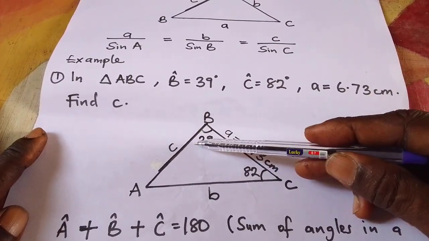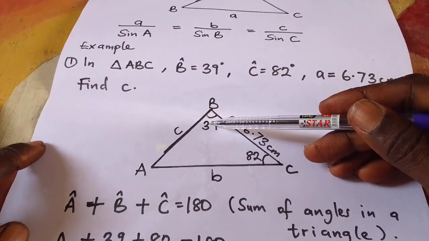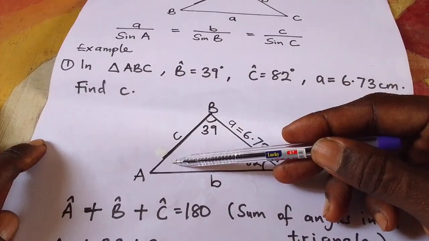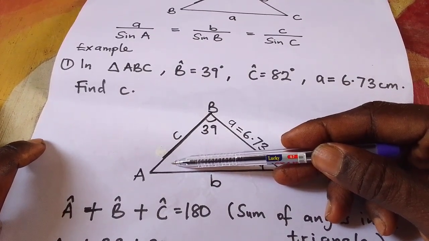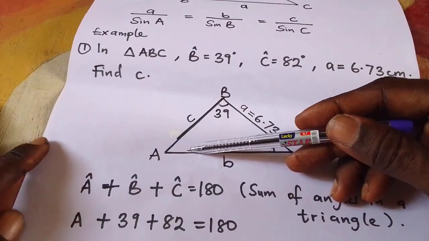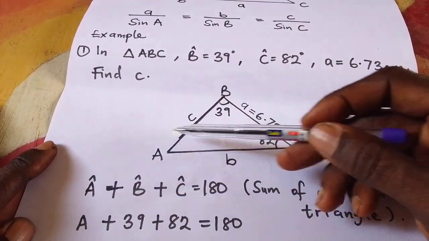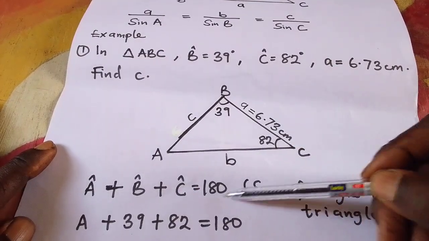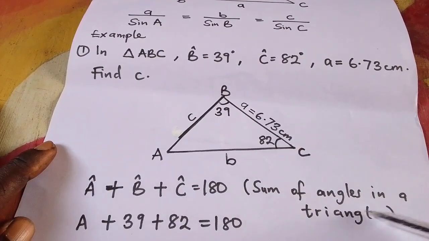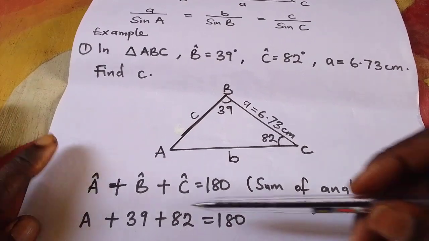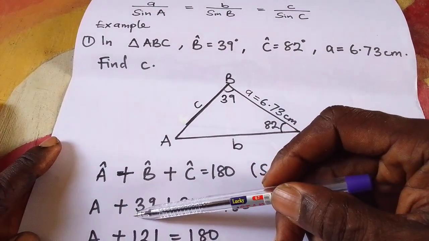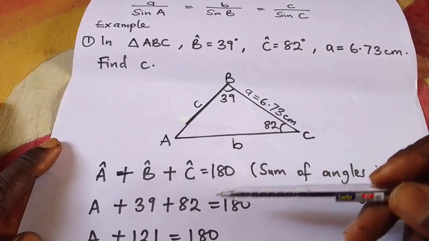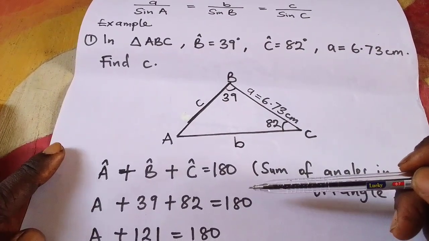Since you are given two angles in this triangle, you can easily look for the third angle by using the sum of angles in a triangle. Angle A plus angle B plus angle C should be equal to 180. So angle A plus 39 degrees plus 82 degrees is equal to 180.